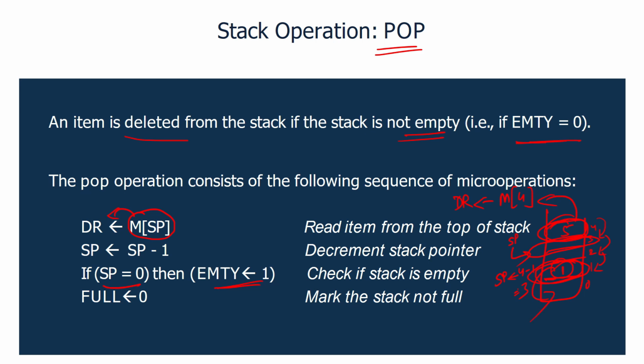Now when SP is equal to 0, then the stack is empty. If my first element of the stack is gone, it means all others are also gone. So my stack is empty, and full is not equal to 0. So my stack is not full, but it is empty in case of pop.